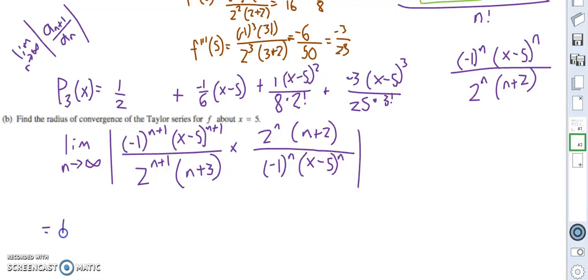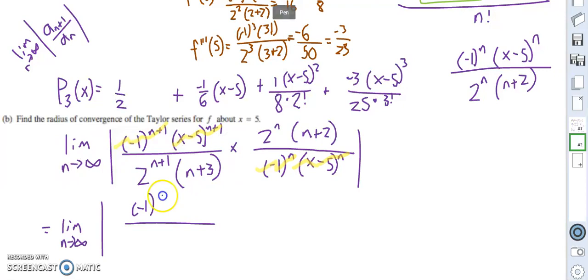This limit is going to be, some pretty things are going to cancel. Negative 1 to the n plus 1 and negative 1 to the n, that's just going to leave a negative 1 on top. Not that it matters, because it's absolute value. That negative 1 is not going to affect anything once I do absolute value. And I have x minus 5 to the n plus 1, and x minus 5 to the n.